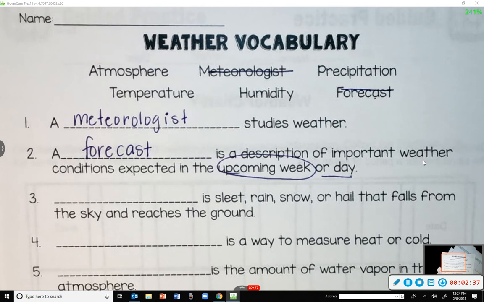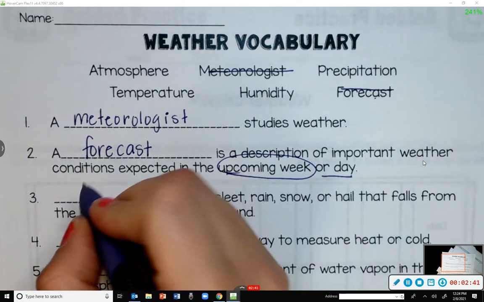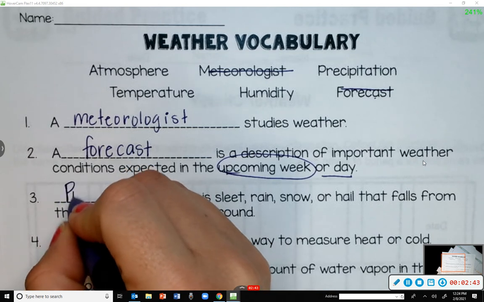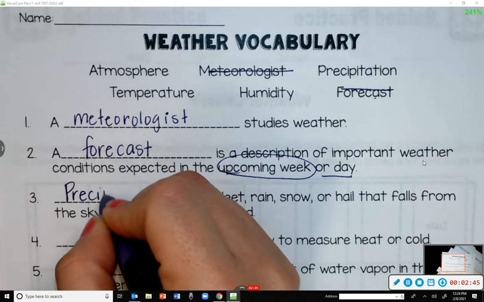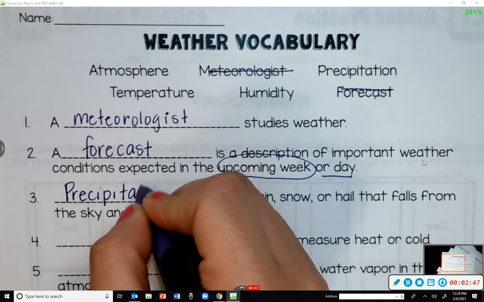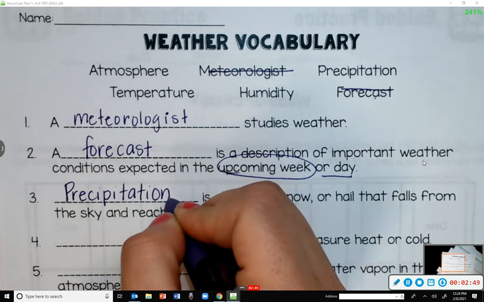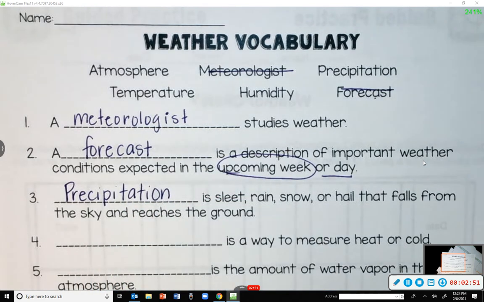Another one is precipitation. Good, precipitation. So basically anything wet that falls from the sky is called precipitation. Sleet, rain, snow, or hail.